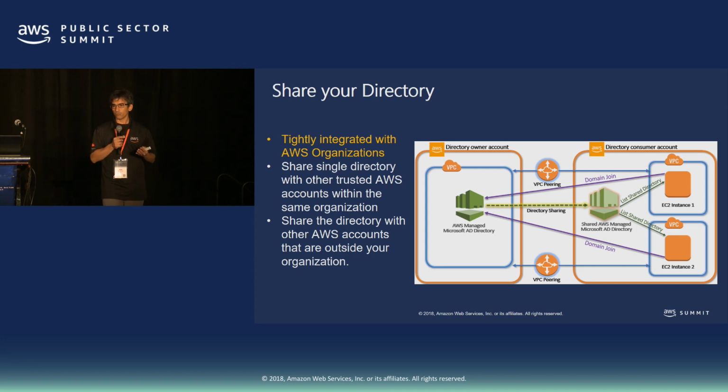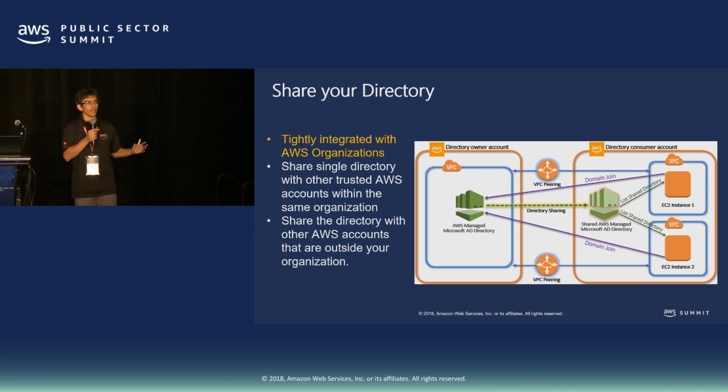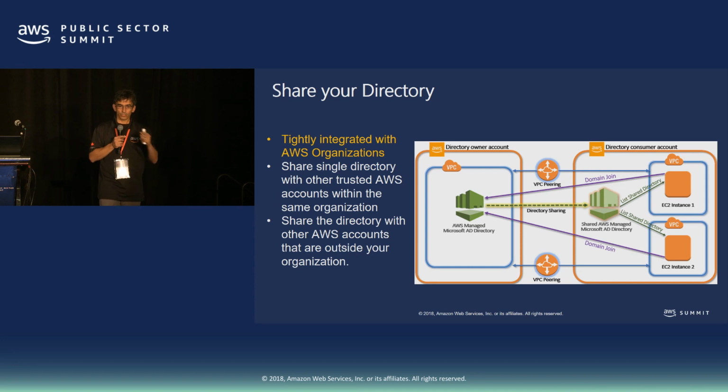So if I have to domain join a server, I don't have to domain join a server that's sitting in my AWS account. It routes it through to my domain controller that's sitting in a central account in my organization. Share your directory was released maybe a month ago, and it's also an option for you if you use Organizations and want to centralize authentication in one place only.